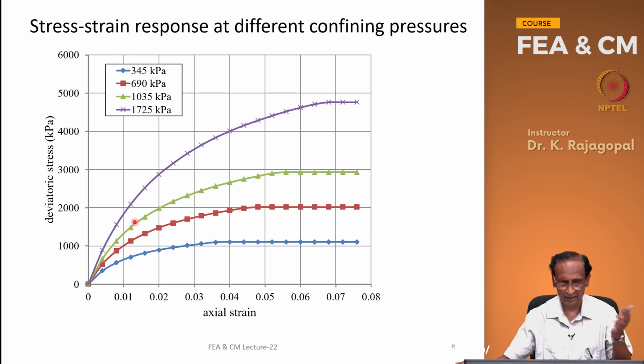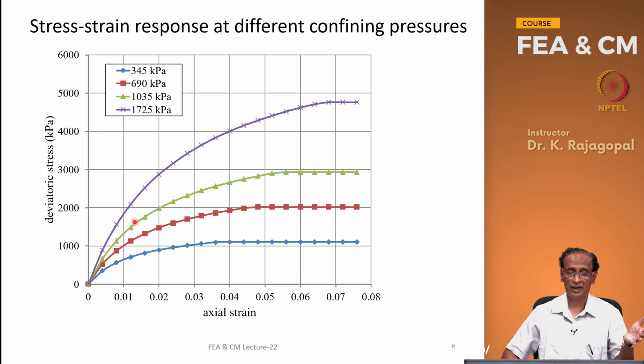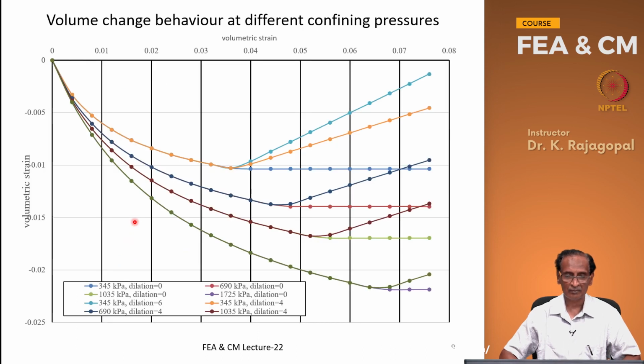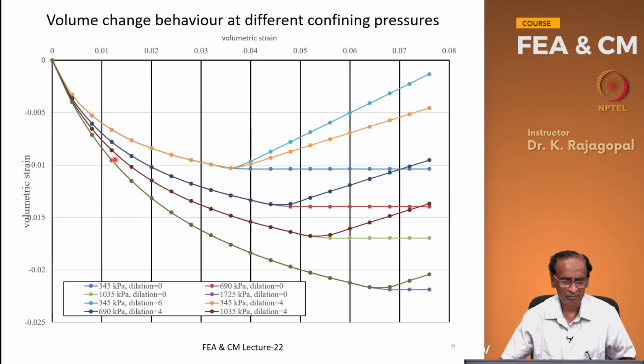So that means that at higher confining pressure we will have a higher modulus, and this is the corresponding volume change behavior.